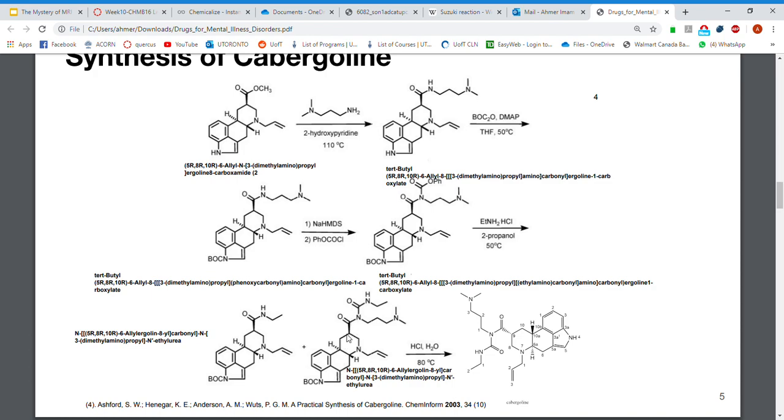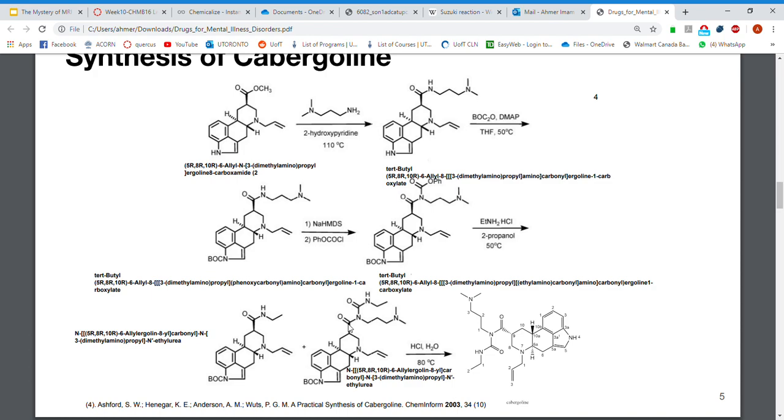I forgot what that was called. Yeah, they differ by the nitrogen group in the four-membered ring at the bottom. You see, there's no more BOC. There's just an H. So that's what differs that compound from cabergoline.